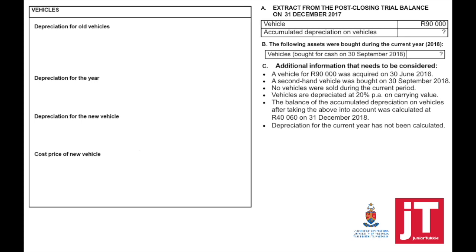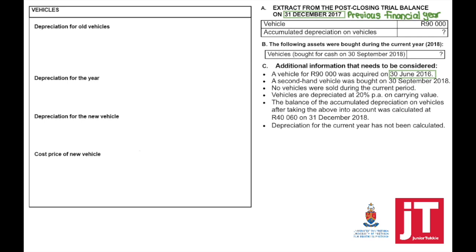The following assets were bought during the current year, that is 2018. If this is the post-closing trial balance on the 31st of December 2017, that means it's the end of last year, the previous financial year. If we look at the additional information, a vehicle for 90,000 was acquired on 30 June 2016.